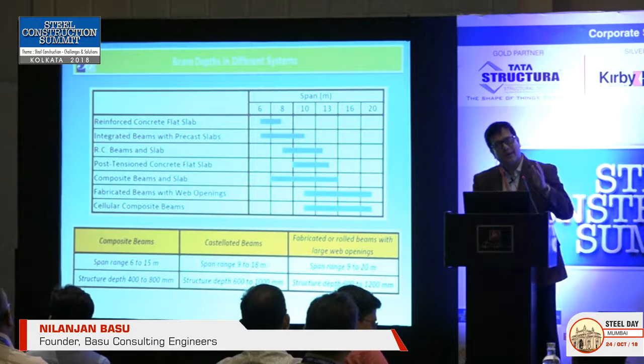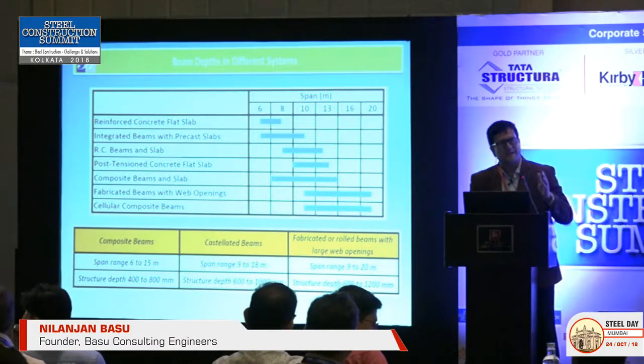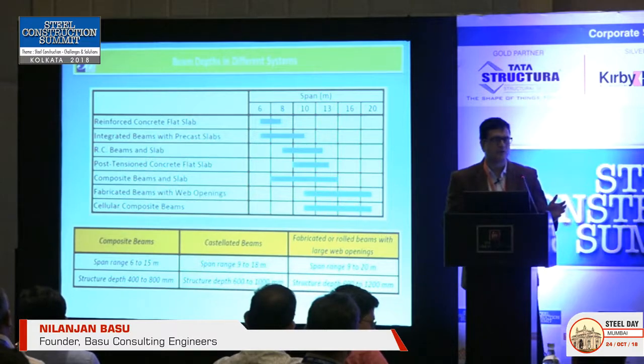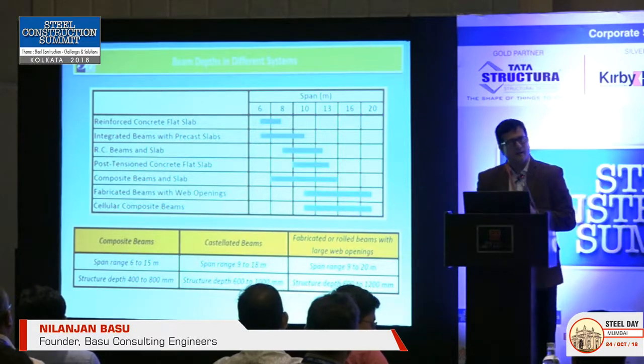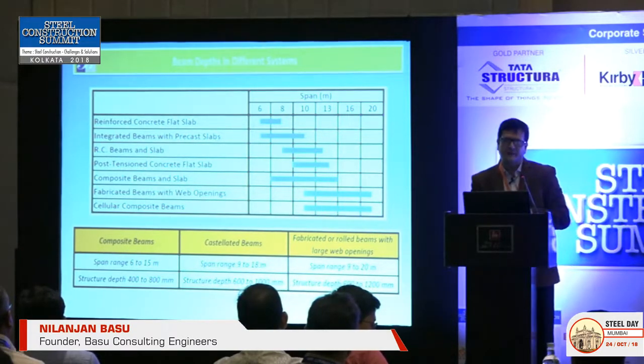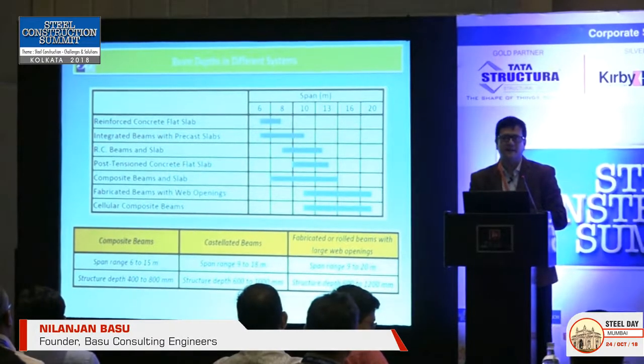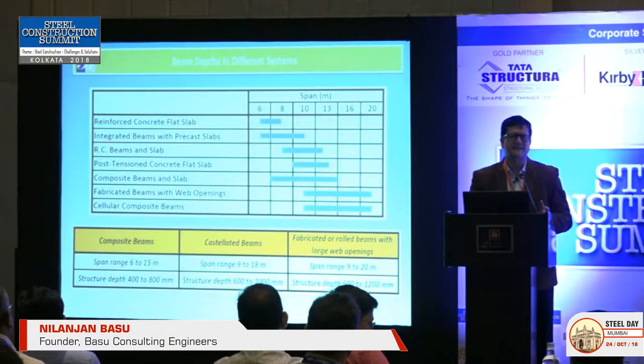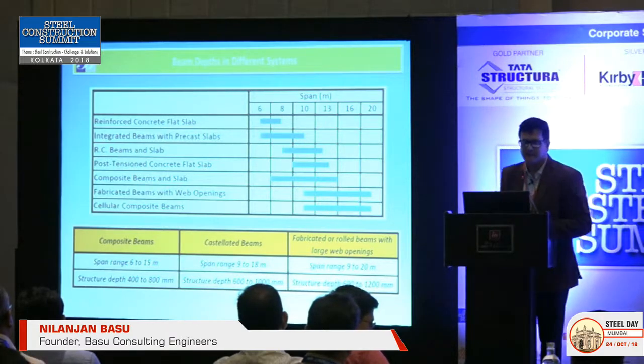Up to 8 meters, or let's say up to 8.5 meters, I wouldn't go beyond 400. Maybe from 8.5 to 12, I would range it between 500 to 550. But beyond 12 meters to 15 meters, I would go up to 700 or 750. And if the loading is really on the higher side, 750 or 800 would be necessary. Otherwise, no.